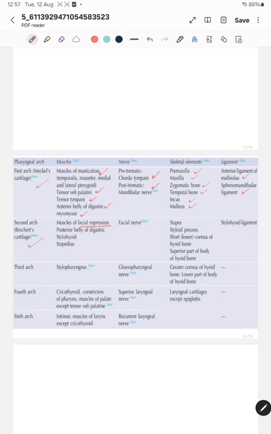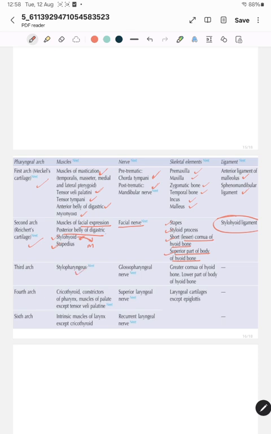Second arch, muscles of facial expression. Anterior belly first arch, posterior belly second arch. We have the stylohyoid muscle and the styloid ligament also. Stapedius, facial nerve, stapes, styloid process, shorter or lesser cornu of hyoid bone, superior part of body of hyoid bone. Okay, second arch.